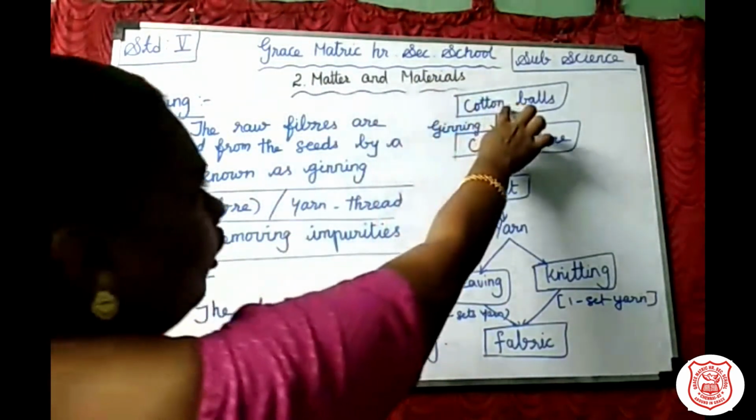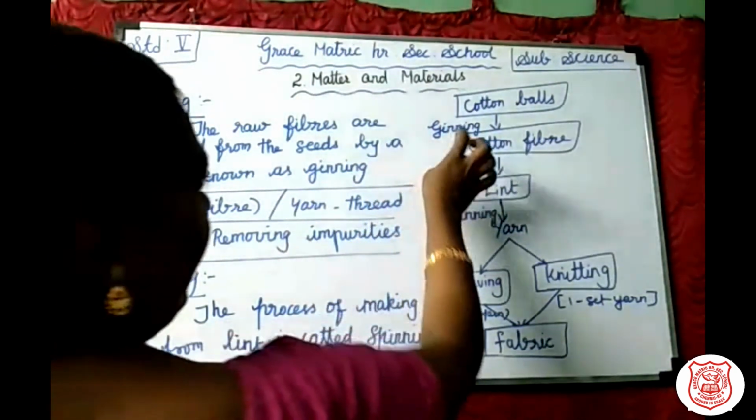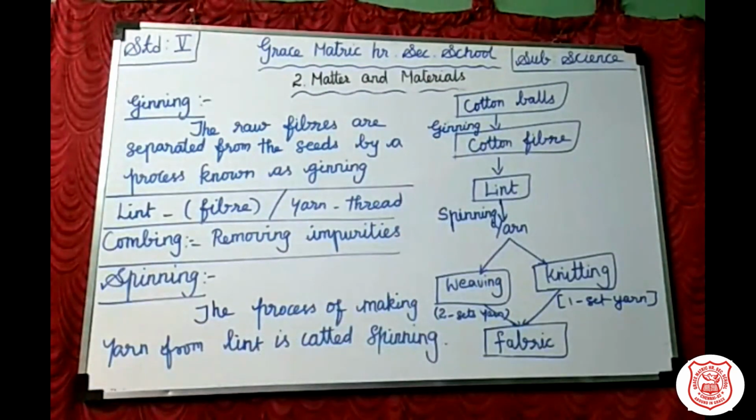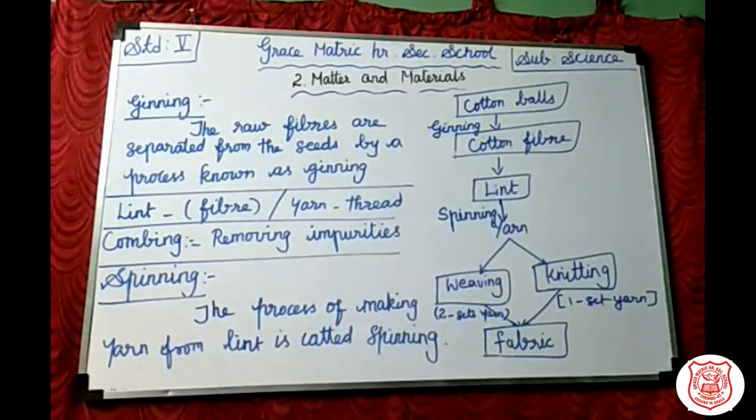First, from the cotton bolls we get the cotton fiber. The process is known as ginning. Ginning and spinning are the two major processes in making cotton yarn from cotton fiber. Ginning means the raw fibers are separated from the seeds.